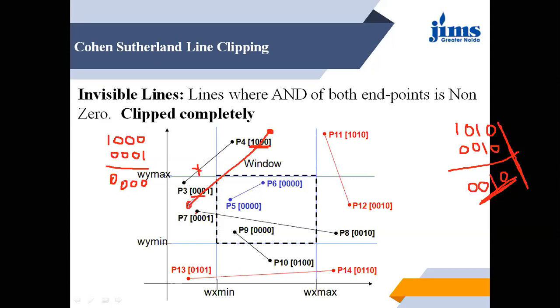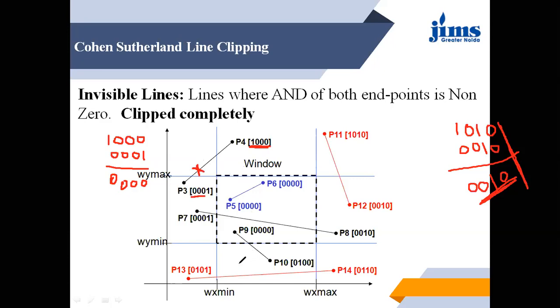We will discuss this line in the next case when we have to clip the line, because you can see from here that when we are ANDing these two points P3 and P4, in that case the AND of these two is not 0, it means it is partially visible or invisible.